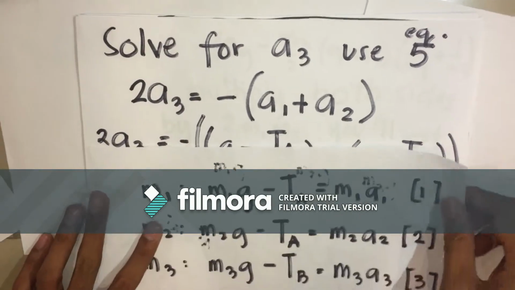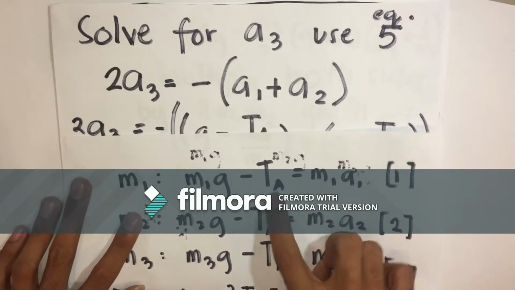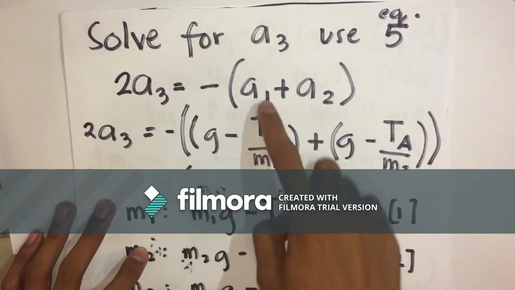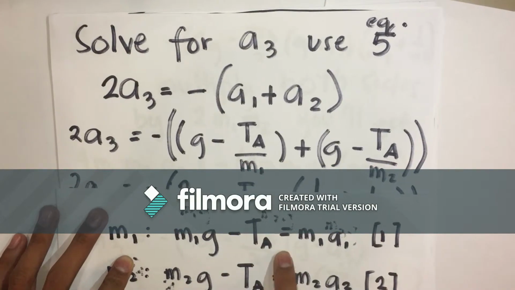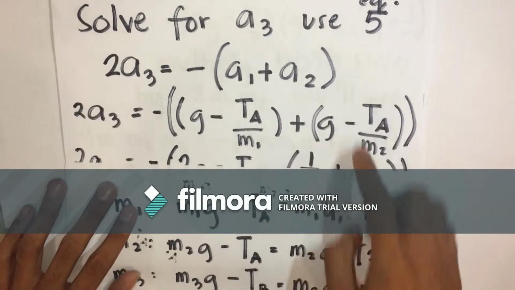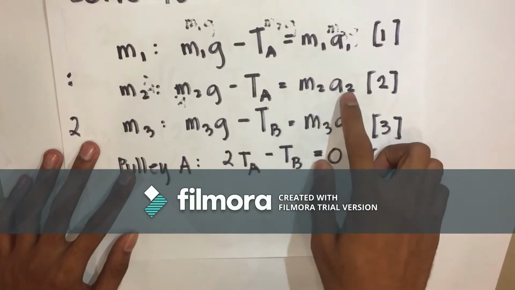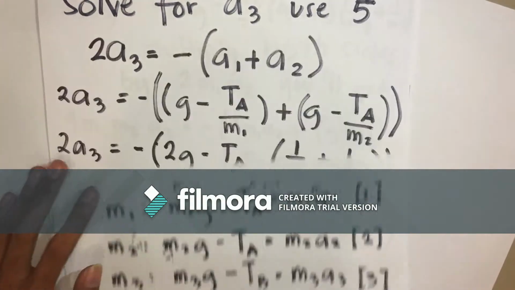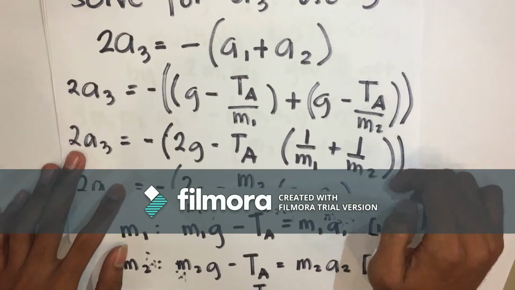In M1, we can find A1 by dividing both sides by M1, so we get G minus tension of pulley A over M1. Next is A2, dividing both sides by the mass of the second box, we get G minus TA over M2.